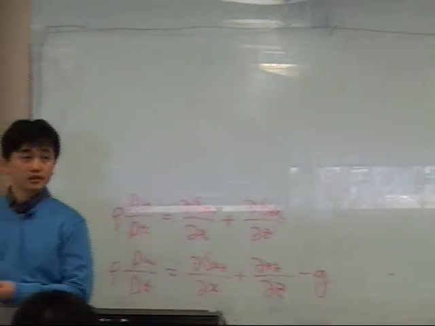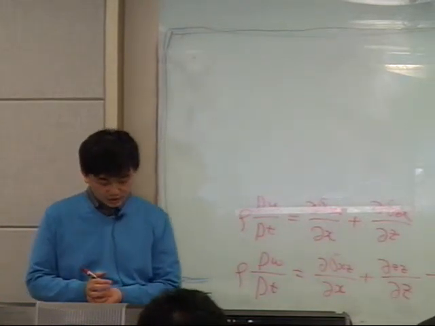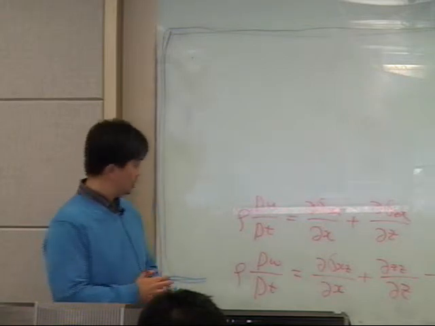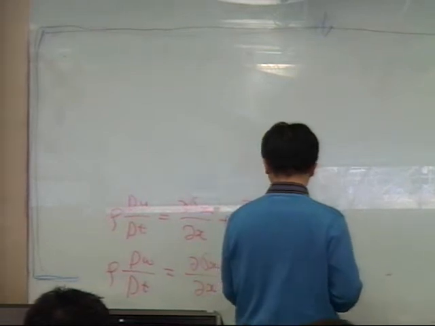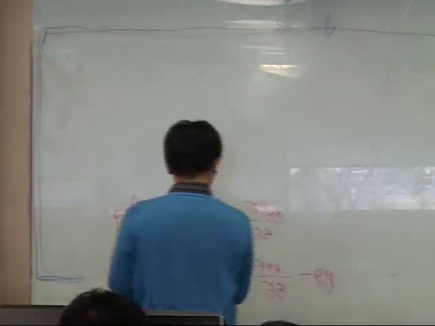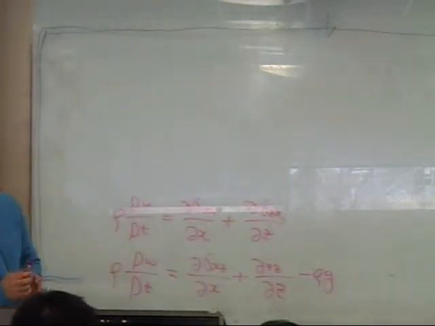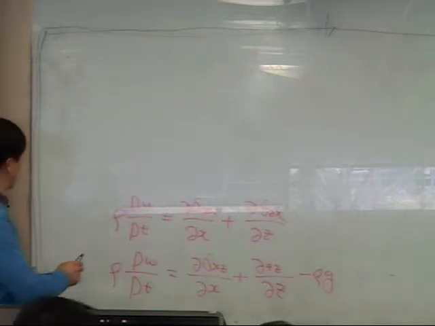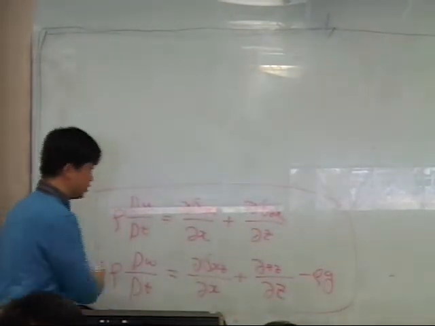So no, just rho g. Yes, that should be rho g, right? Let me see. Yeah, rho g. Okay. So this is the equation of motion.